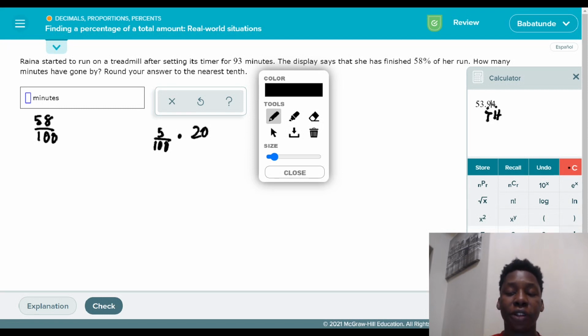But if it's less than 5, we remove this 4, because we want to set all the numbers behind the tenth to 0. Since it's less than 5, we can't add 1, so we just set the number behind the 9 as 0. That's all we have to do.